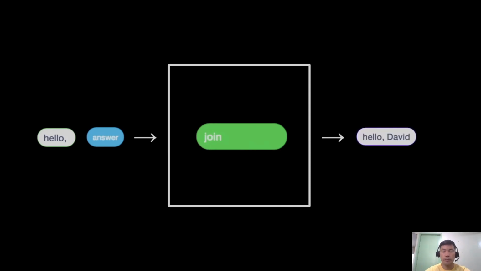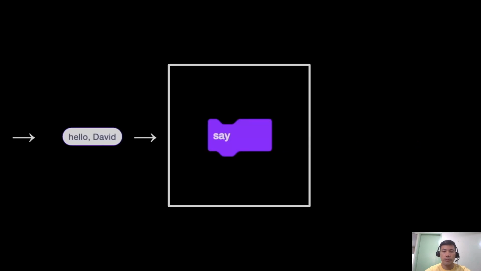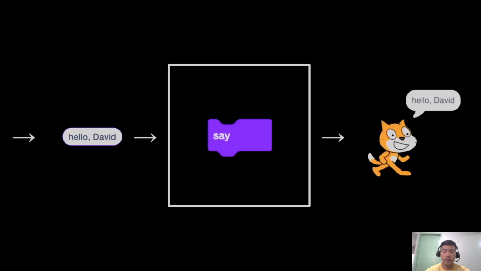But that hello David output is now going to become the input to another function, namely that first block called say. And that's then going to have the side effect of printing out hello David on the screen. So again, as sophisticated as ours, as yours, as others' programs are going to get, they really do fit this very simple mental model of inputs and outputs. And you just have to learn to recognize the vocabulary and to know what kinds of puzzle pieces or concepts ultimately to apply.